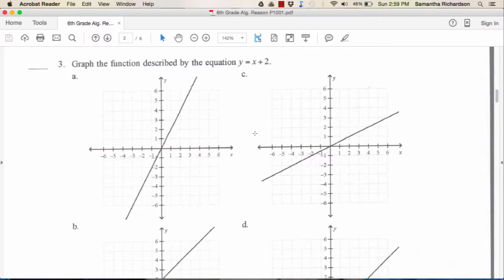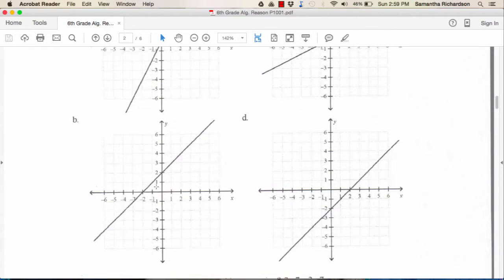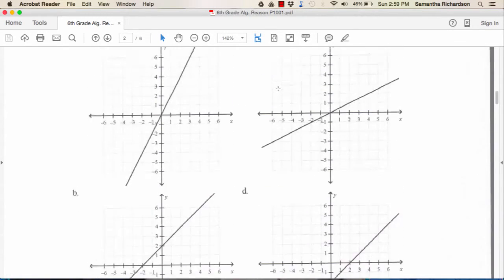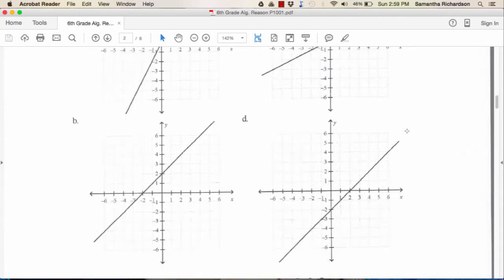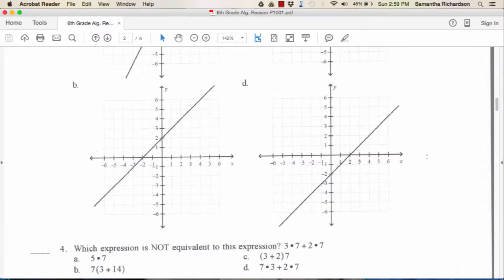Question 3. Graph the function described by the equation y equals x plus 2. Is that graph A, graph B, graph C, or graph D?